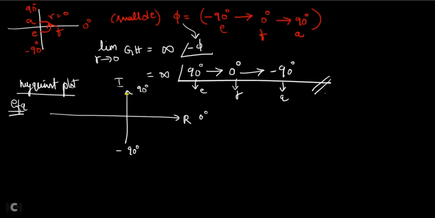I'll assume this is only infinity. So from this infinity point on 90 degree, this is my E. Where is F? On 0 degree. So you have to take infinity on 0 degree. This is F. And where is A? A is on minus 90 degree. Okay, this is only, I am taking it as infinity. This is A.